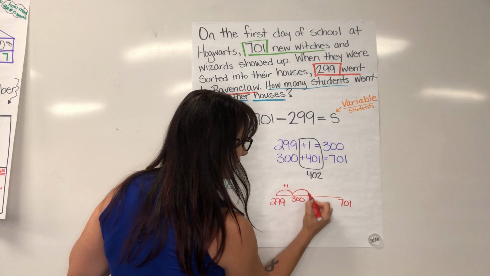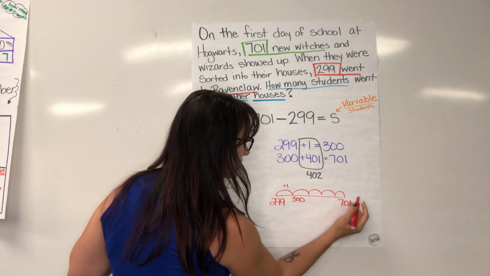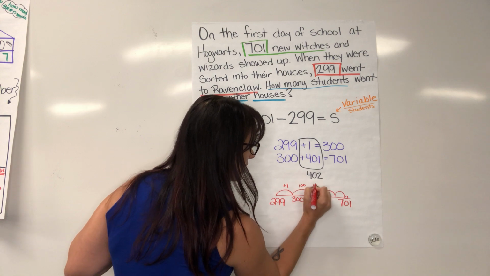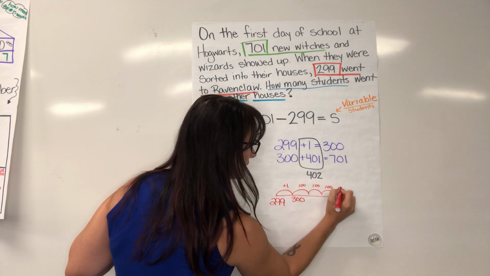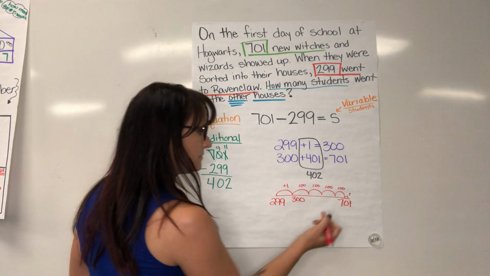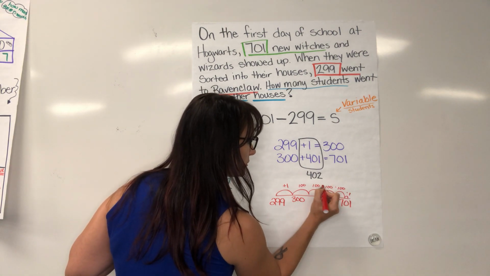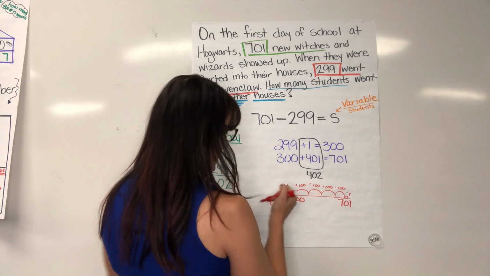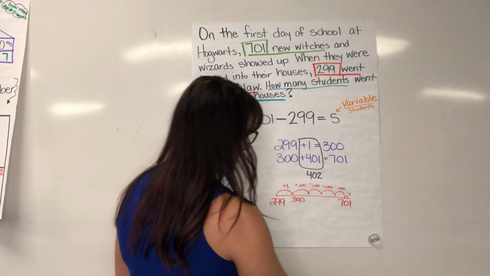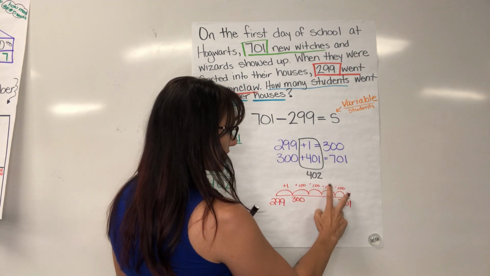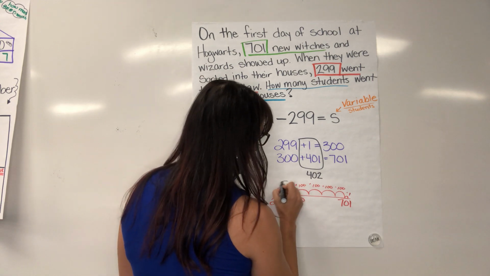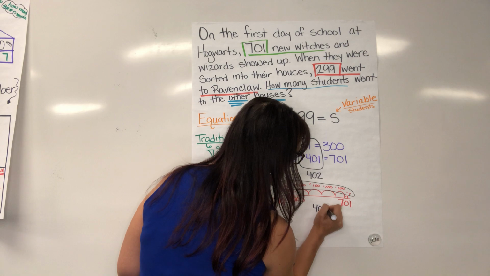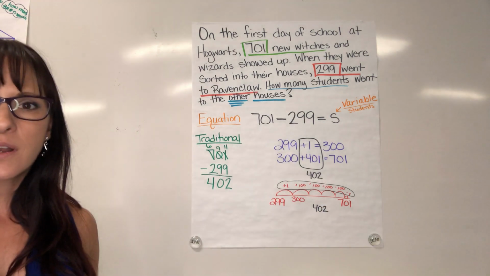And then 1, 2, 3, 400 plus 1. So I added in all these hundreds and that 1. Put my little plus marks here. So I added in a total of 1, 2, 3, 402. So if I just take this, boom, 402 is my answer for that.